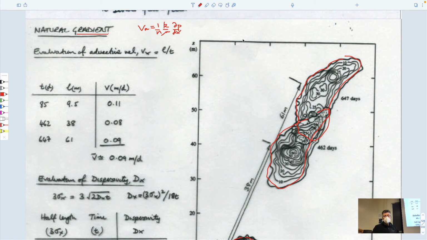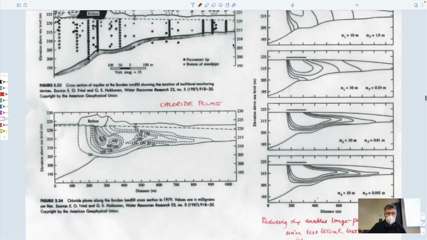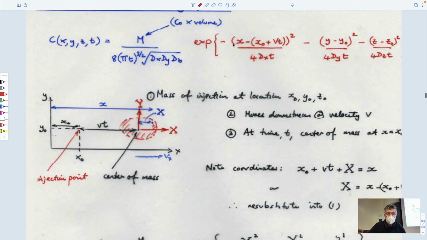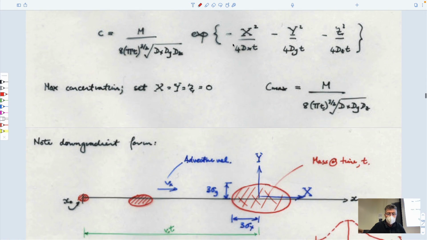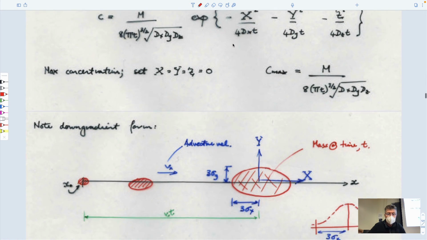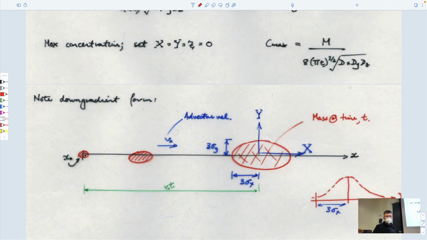And so we can use what we know from our downwind gradient tests. So I think also on Thursday you'll have looked at this idea that you could release a dissolved component in a groundwater regime and it will move down gradient like a cloud, just like a cloud being carried in the atmosphere.